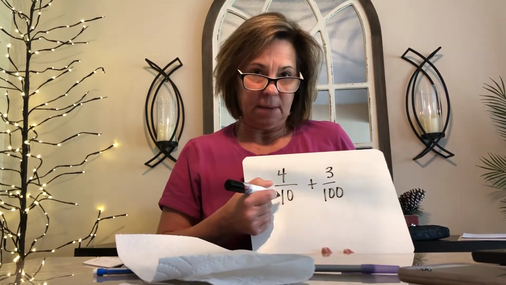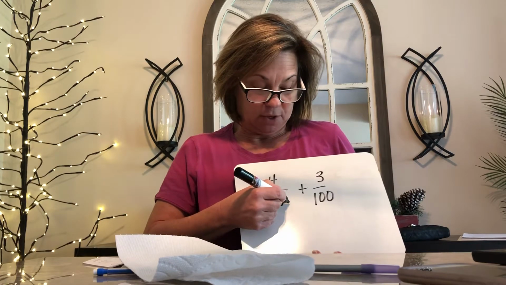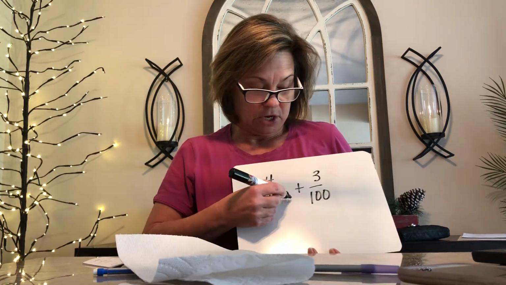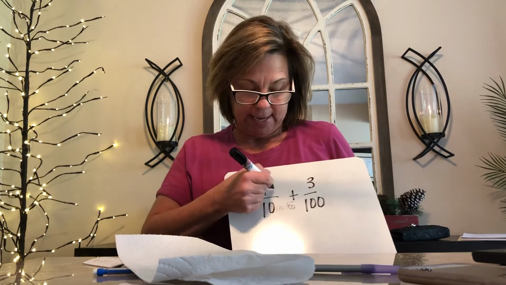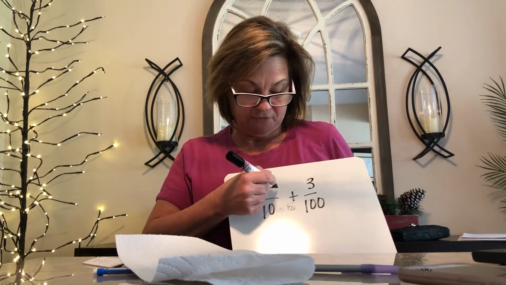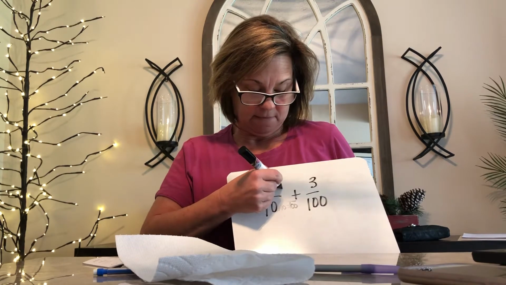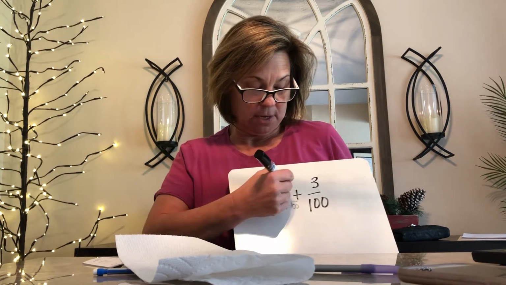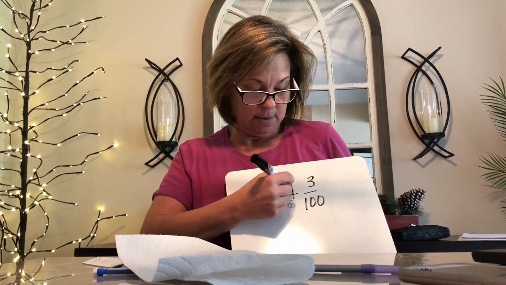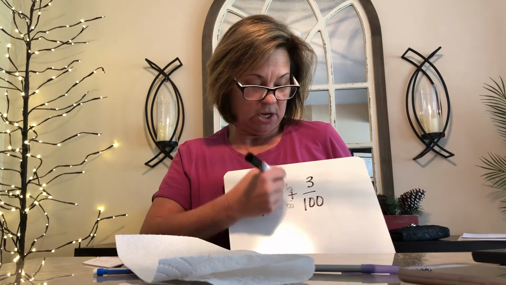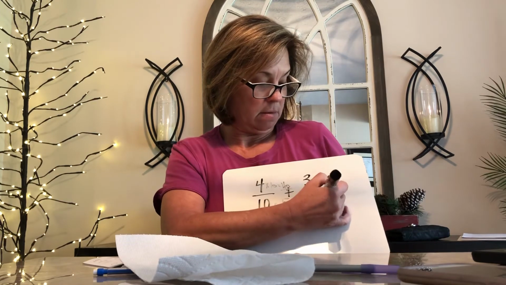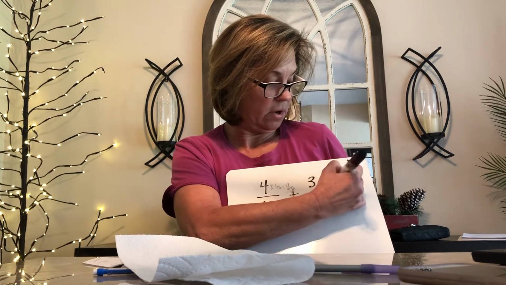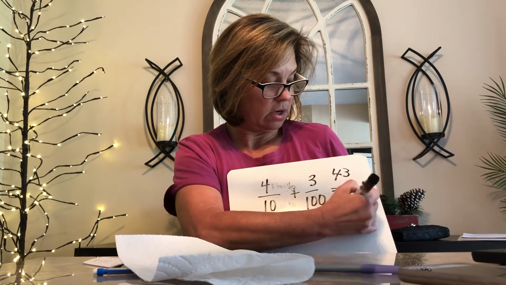Again, I have to take my 10 and make sure that it is equal to 100 by multiplying by 10. So now I have my hundredth. I got to do the same to the top. That's 40. If I multiply 10 times 4, that gives me 40. 40 hundredths plus the 3 hundredths would give me, if I add my tops, I get 43 hundredths.